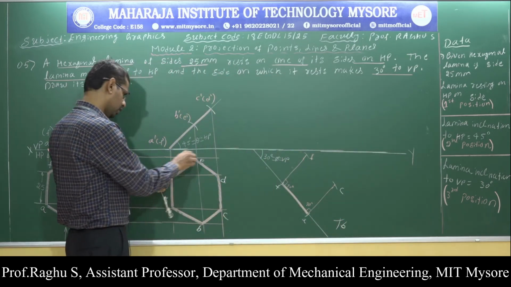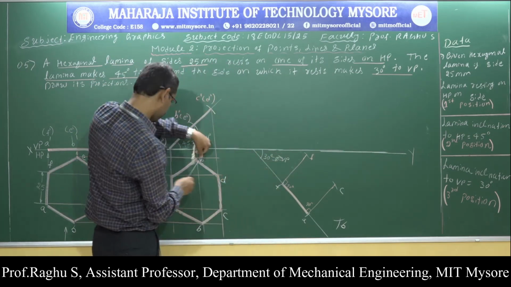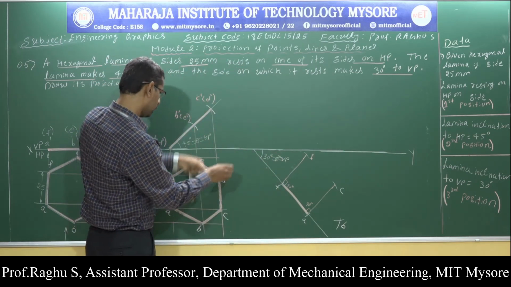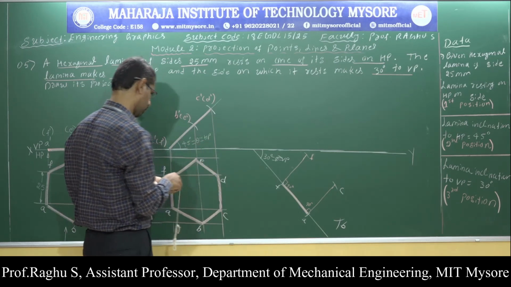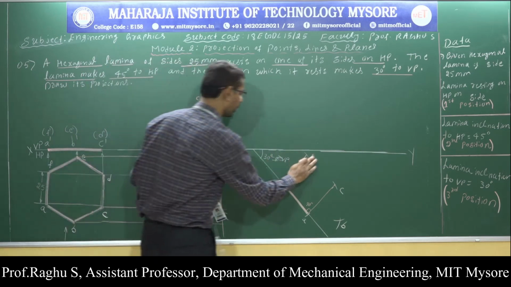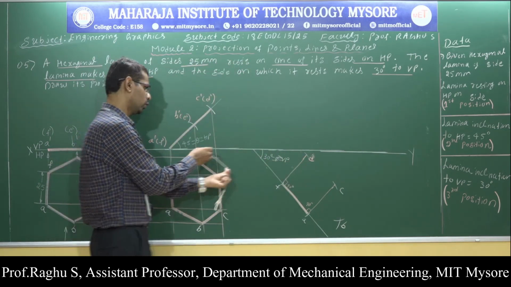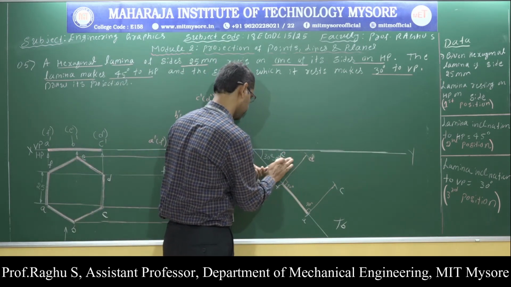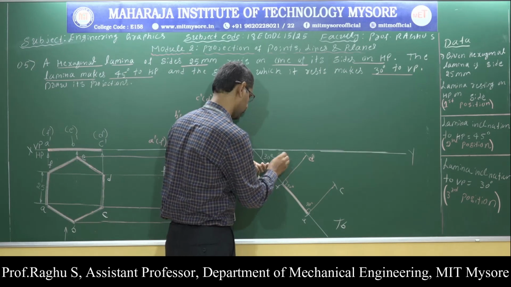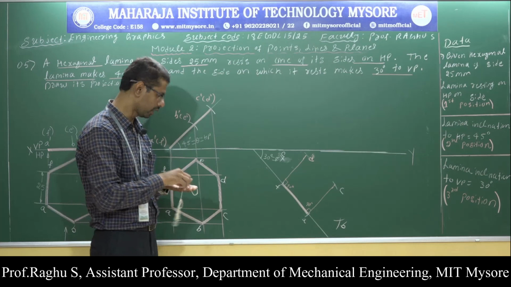Next, measure the distance from F to E. Cut an arc and measure the distance from D to E. So this is point E. This is point D, point E. Now connect all the corners.